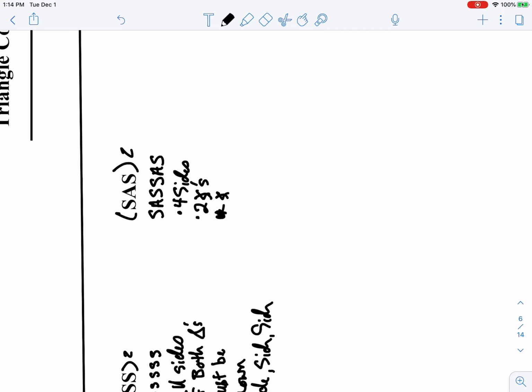So the angle is between your 2 known sides. All right, and this must be true for both of your triangles.